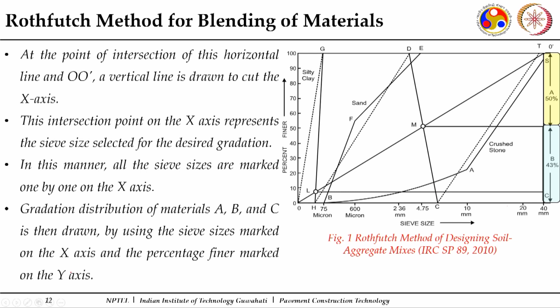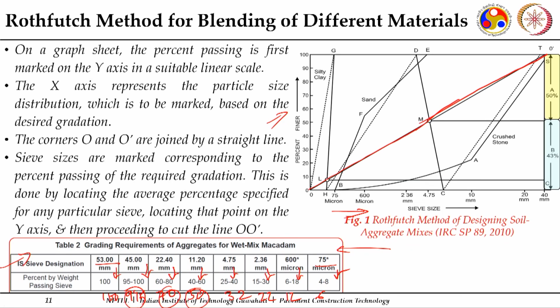So, if the mid value here is 40%, I will draw this line and extend it to the diagonal, and bring it down. Sorry, there is no 40%, this is 50%.